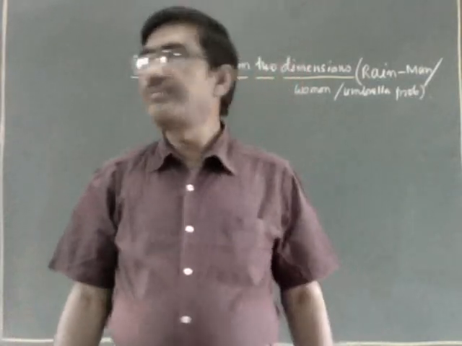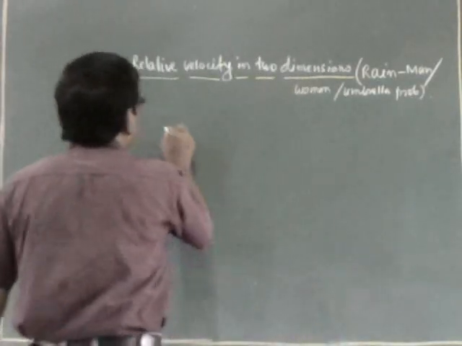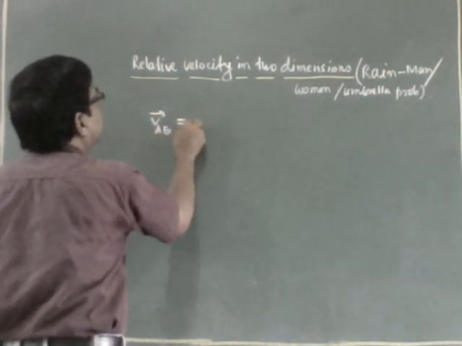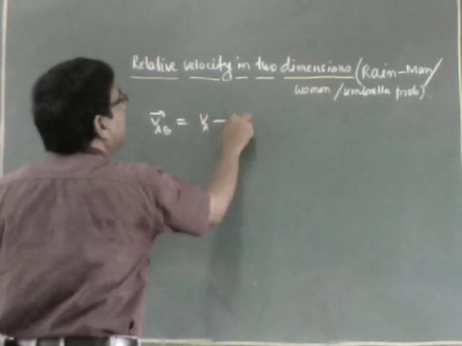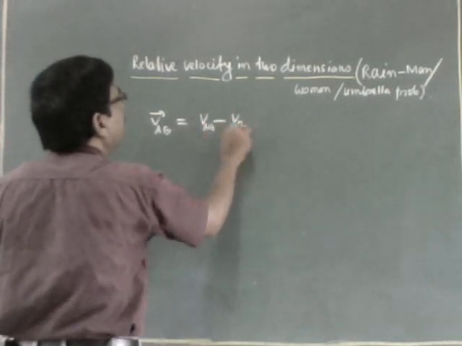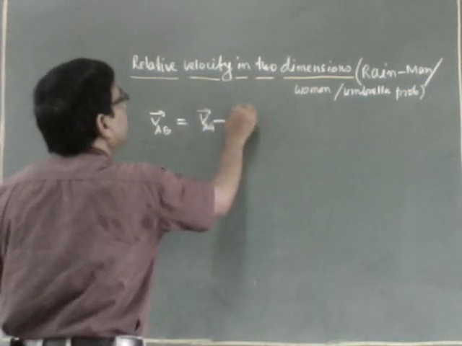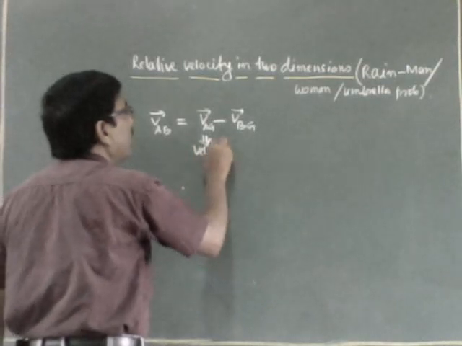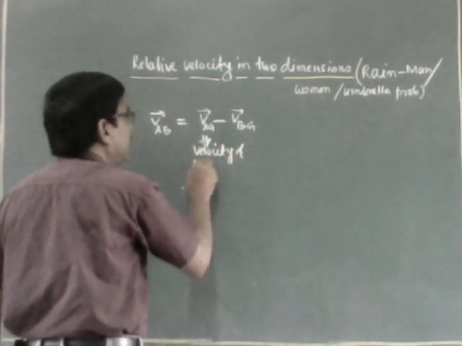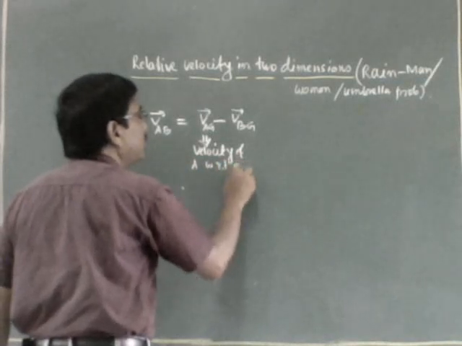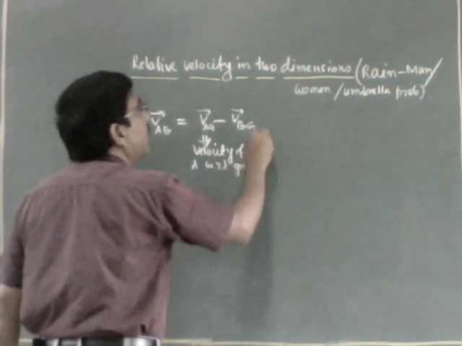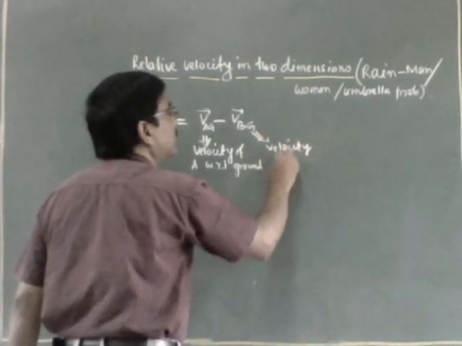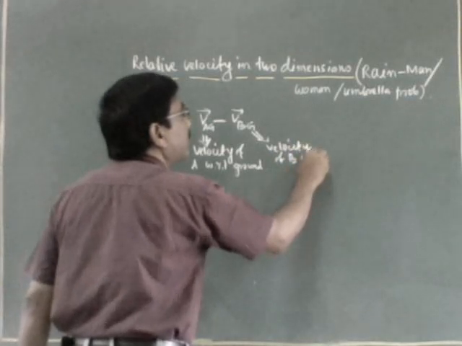Okay. So you know that the relative velocity of A with respect to B is equal to VA minus VB. This is with respect to ground. VA is the velocity of A with respect to ground, and VB is the velocity of B with respect to ground.